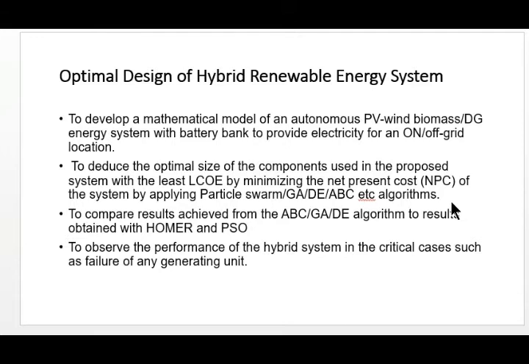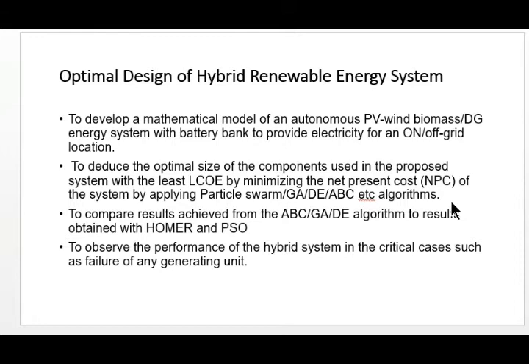We will deduce the optimal size of the components used in the proposed hybrid system with the optimal LCOE, levelized cost of energy, by minimizing the net present cost of the system by applying all the major global optimization techniques like particle swarm, genetic algorithm, differential evolution algorithm, artificial bee colony and others, there may be different global optimization techniques. We will also simulate the systems.